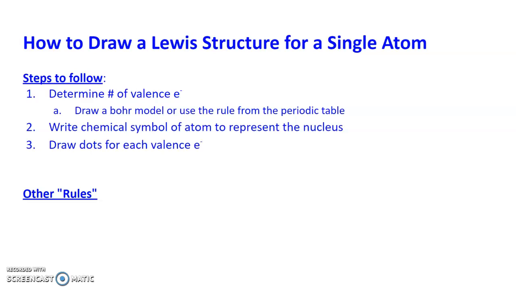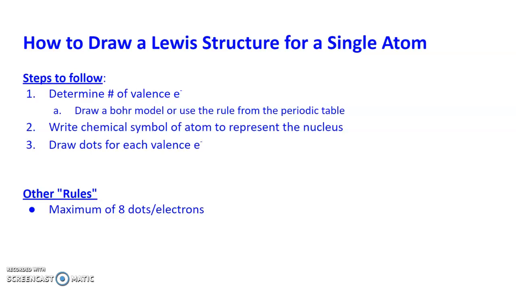Some other rules just to keep in the back of your mind when we're dealing with Lewis structures are the following. There's a maximum of 8 dots or electrons in a Lewis structure. And this is because the true valence of a compound is going to incorporate that P6 level.